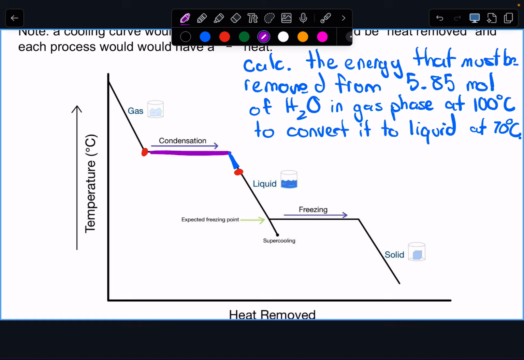The values that you might need, just go back to that original plot, the heating curve, because this is still water, so the values are still the same. They're going to need to plug into these, like the heat capacity and stuff like that.